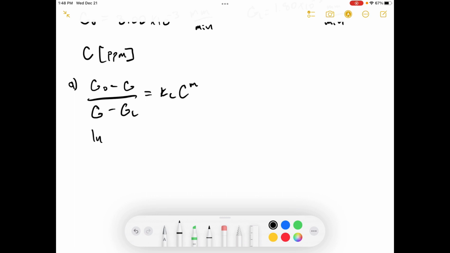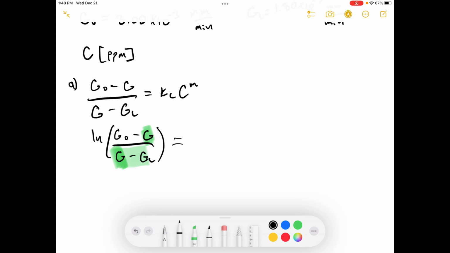So, natural log of GO minus G divided by G minus GL. Something that we've done in past problems is we've moved this denominator over to the other side of the equation. We don't want to do that in this case, because we want to separate our variables.